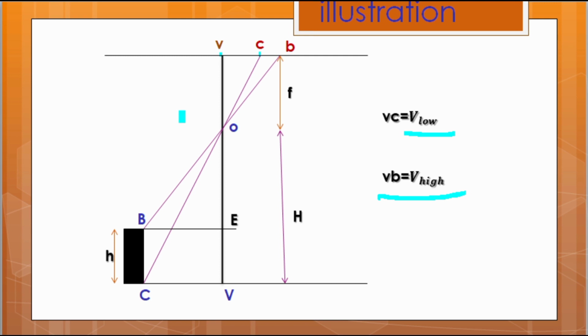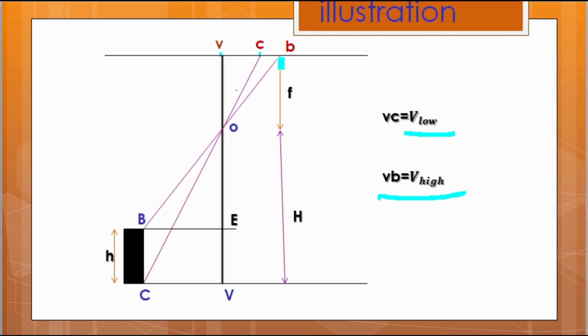Considering the side of the tall building, capital BC, here in this figure, and its image, small cb, on the negative.